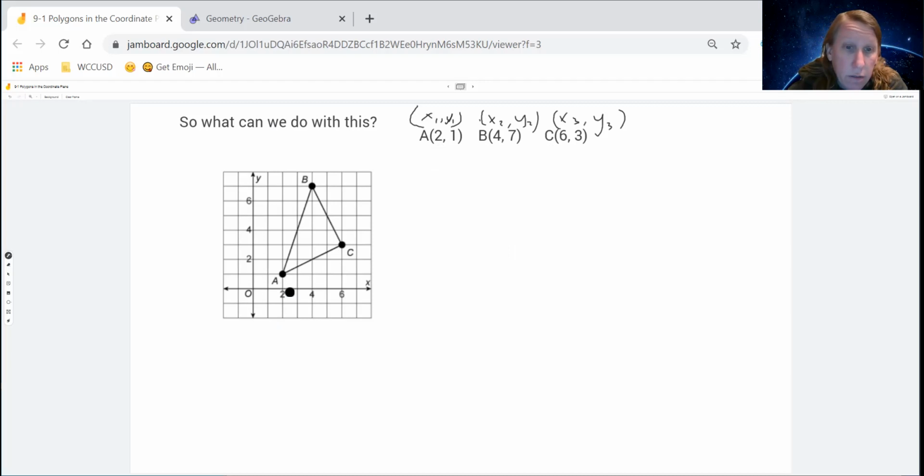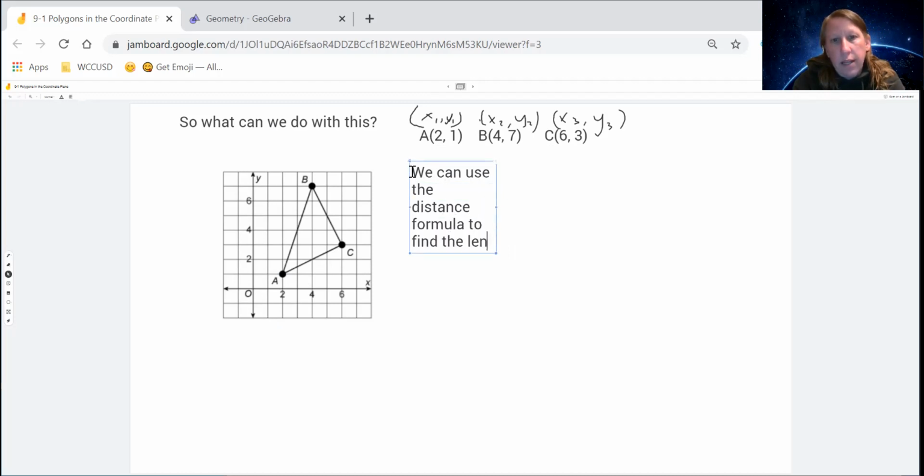We can look at their location, and we can also use the coordinates to find how long the side length is. So one thing we can do is we can use the distance formula to find the lengths of the sides.